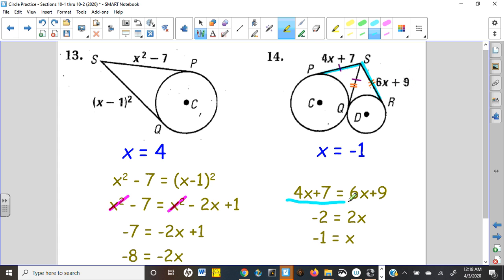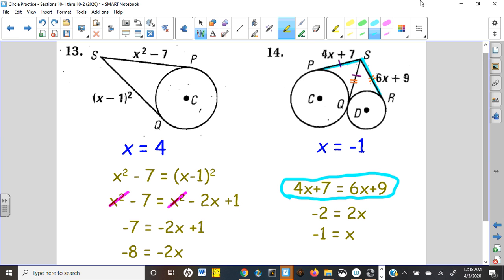Okay, so I think most of you guys probably did set them equal to each other. I'm not sure if you knew the actual reason why you were allowed to do that. It has to do with the transitive property. It does freak some people out that you get negative 1 as an answer. Once again, you can get negative answers. They just can't create negative distances. Distances have to be positive, but answers don't have to be positive.